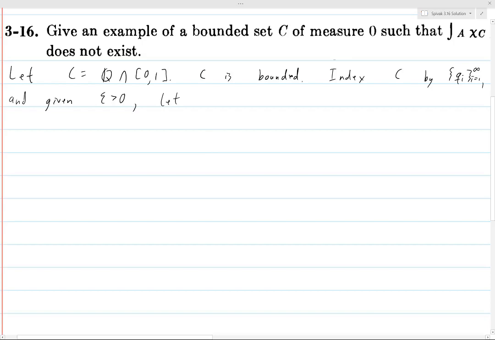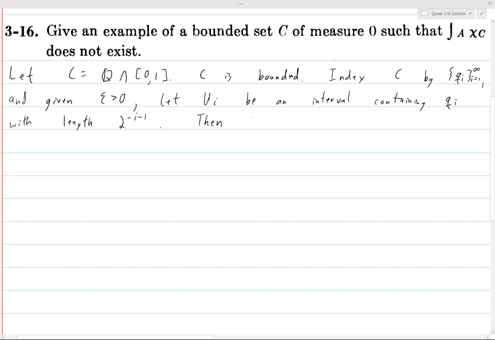let ui be an interval containing Qi with length epsilon times 2 to the minus i minus 1.